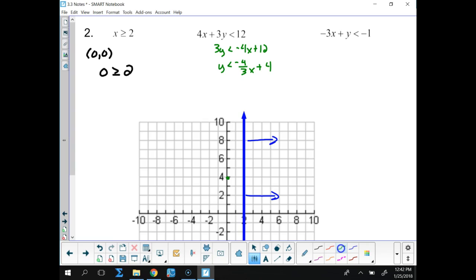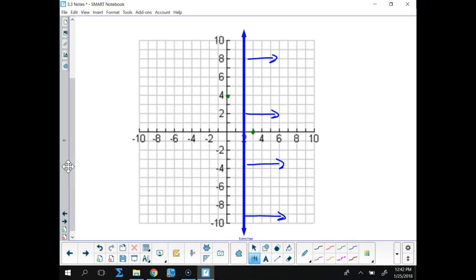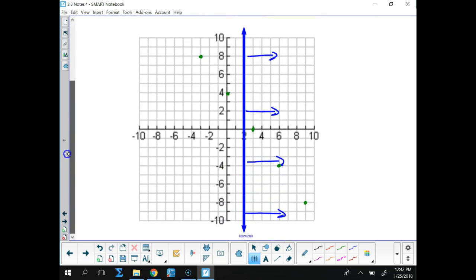Then I go down 4 and right 3. Down 4, right 3, down 4, right 3. Solid or dashed line for this one? It's a dashed line for this one.